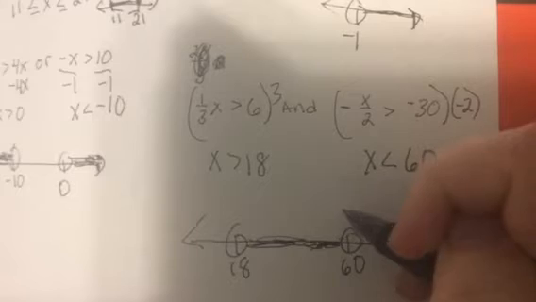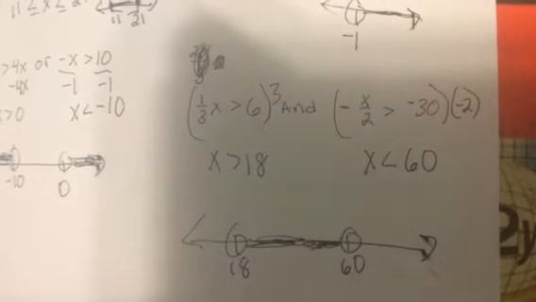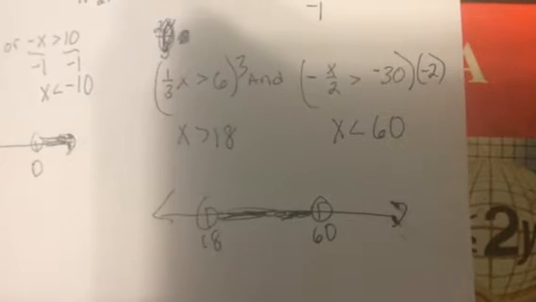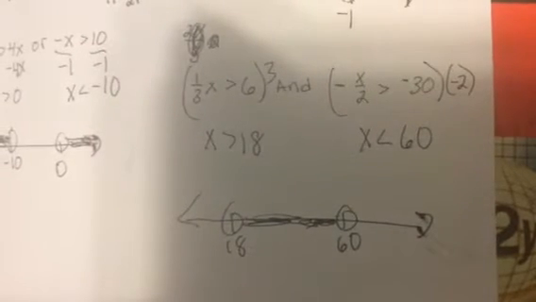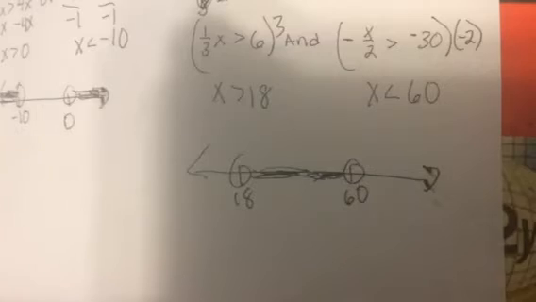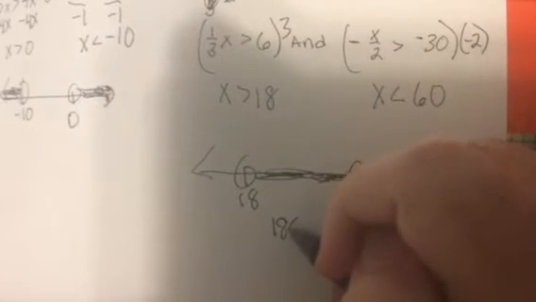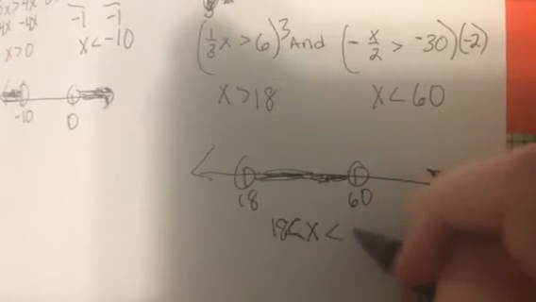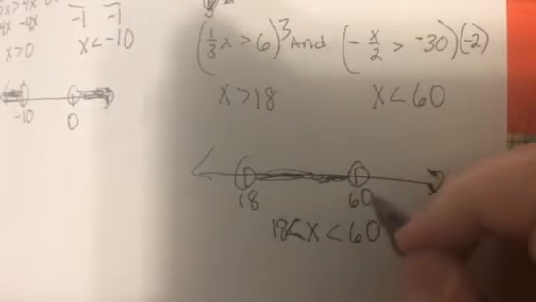Now again, if you want to be fancy, you could use parentheses. That's what the upper level do. That's it. Now, if you want to, you could write the answer this way. That's a horrible inequality, isn't it? Less than 60. It's between the two.